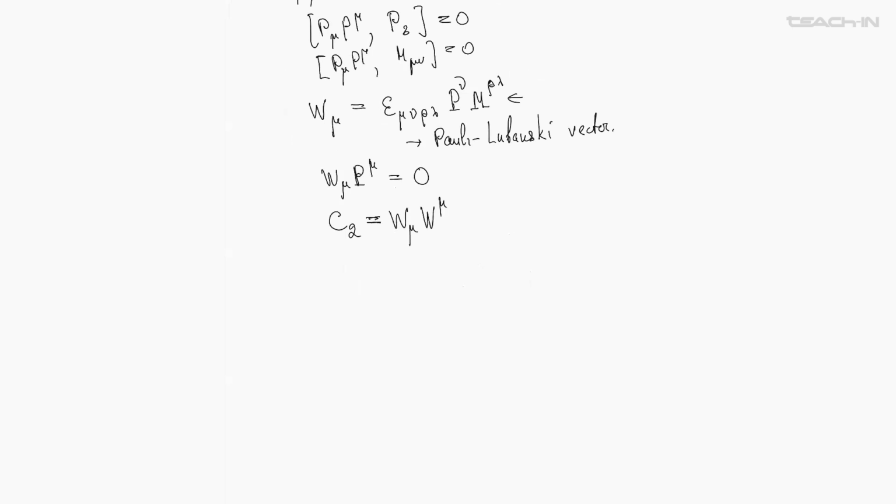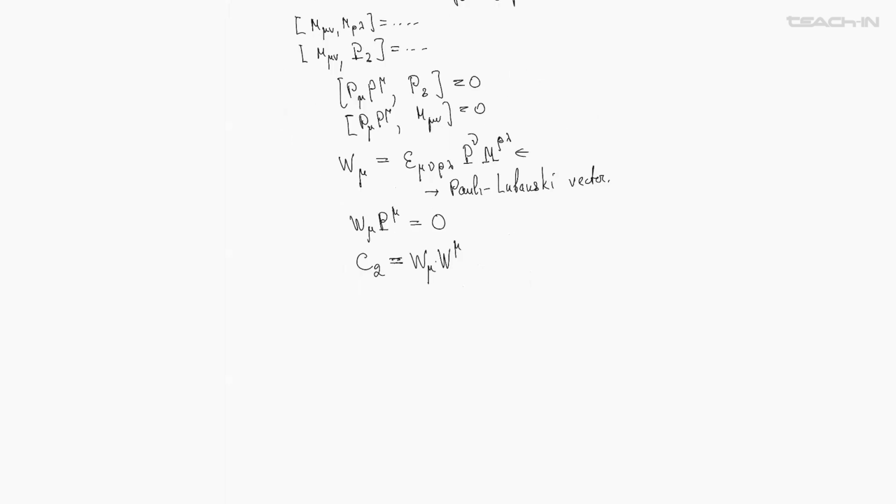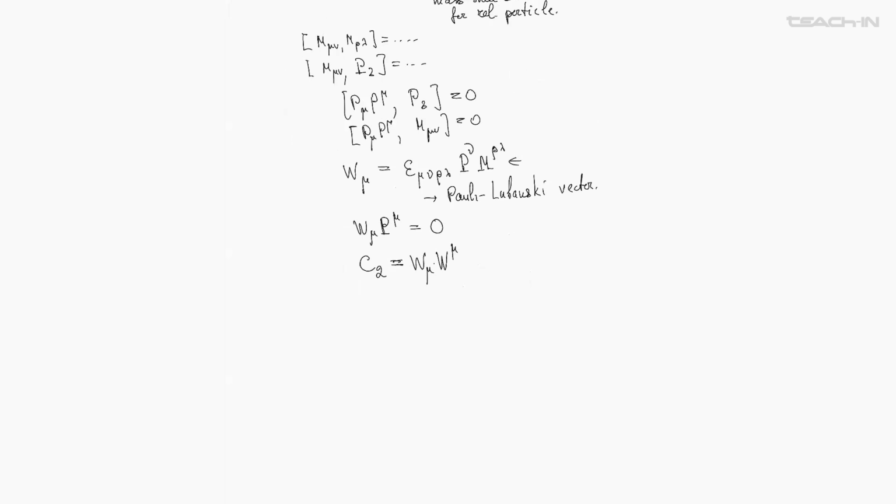Again, you can check by direct calculation that if you take such C2 and commute it with p^σ, you will find 0, and as well with M^ρλ, you also find 0. So this is the second Casimir.